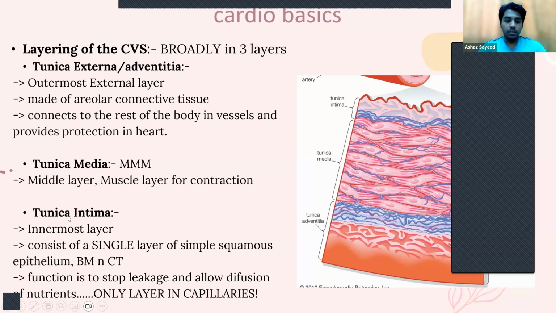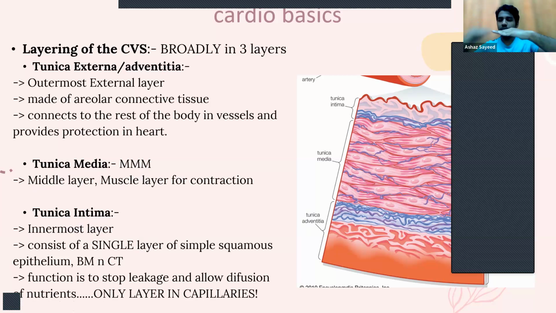Now you have tunica intima. I for intima and I for innermost. It's the innermost layer, and it consists of a single layer of simple squamous epithelium for most of the time. Inside of it is going to be the lumen right here.